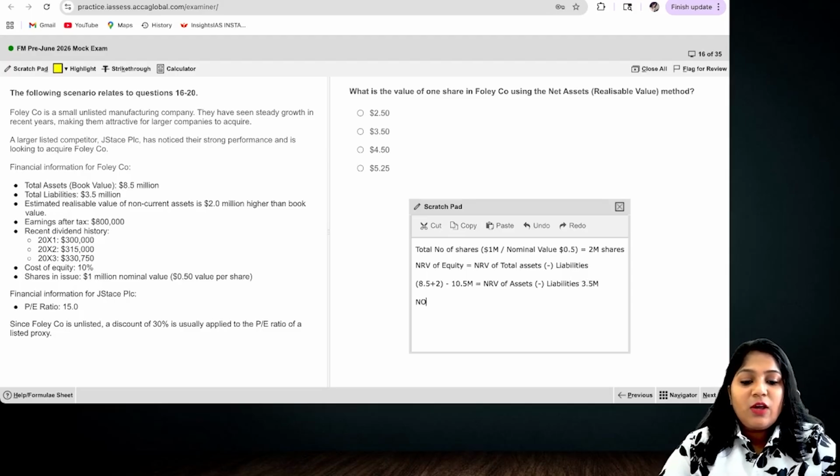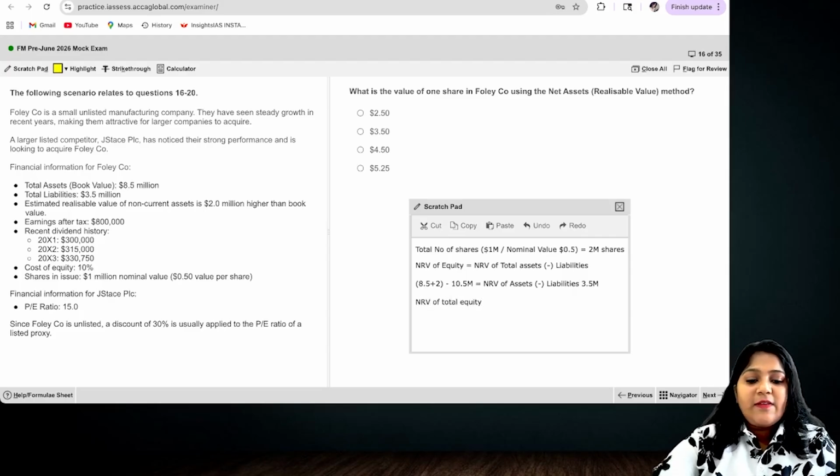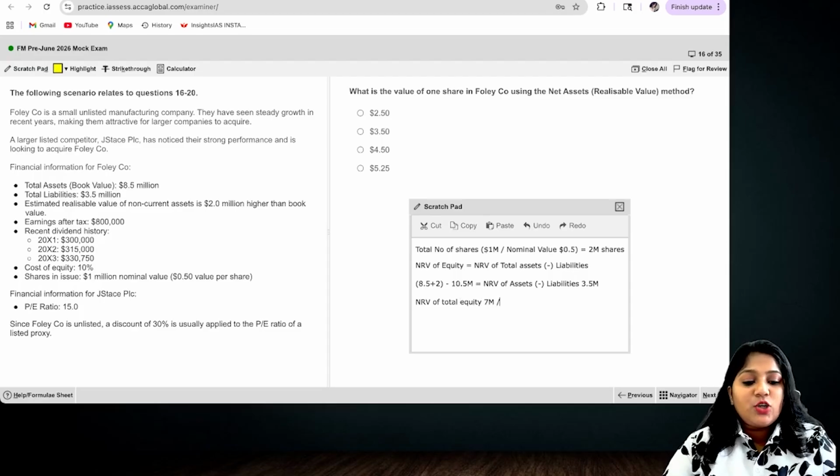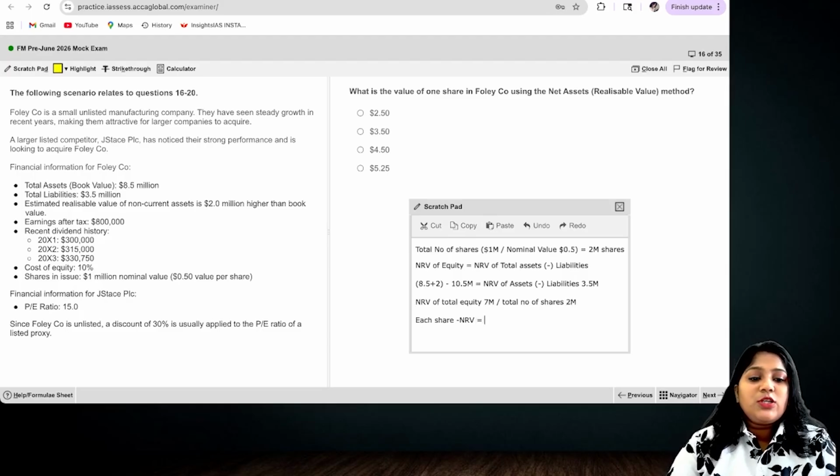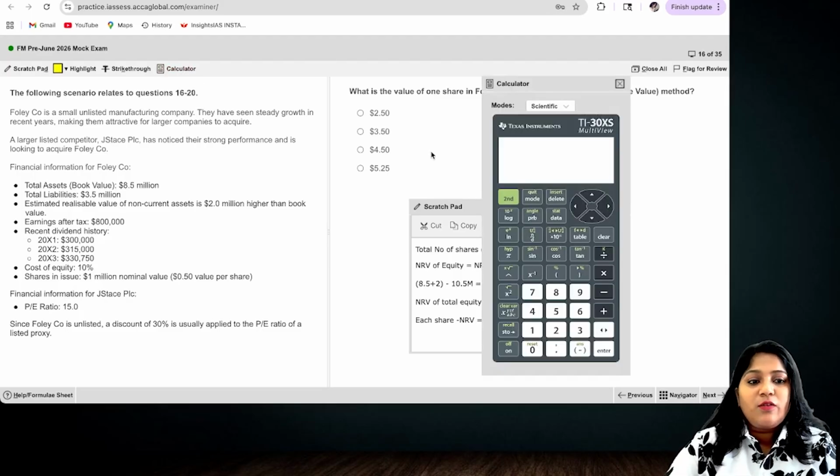So the NRV of total equity would be 7 million, and that should be divided by the total number of shares, which is 2 million. Each share's NRV is 7 million divided by 2 million, guys. You can take your calculator if you want. It is going to be 7 upon 2.